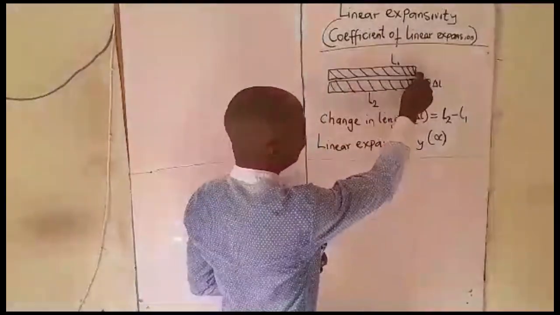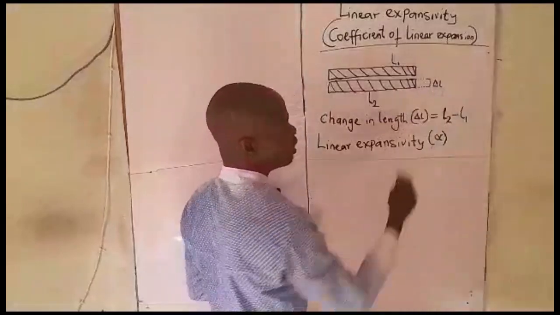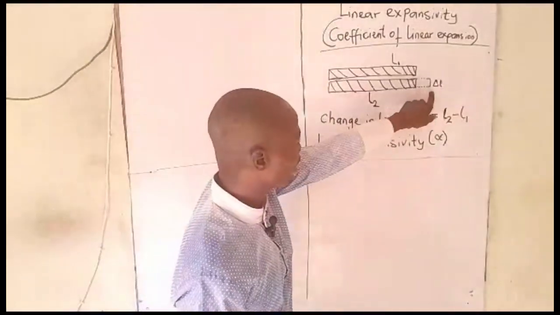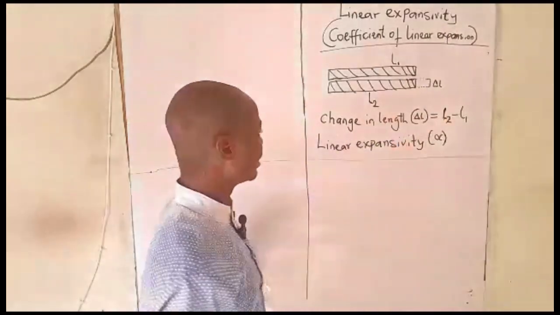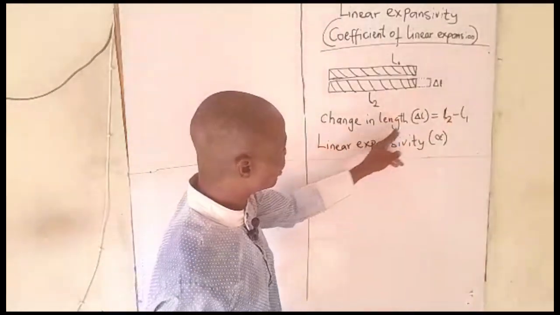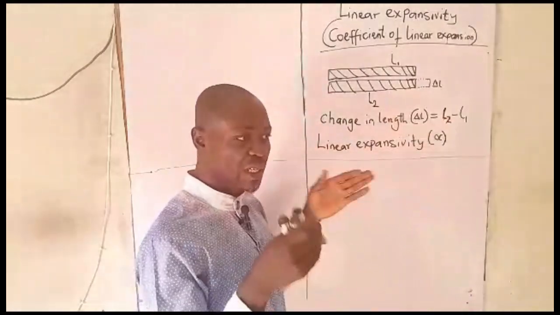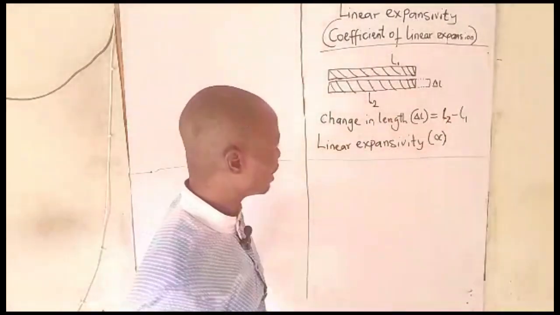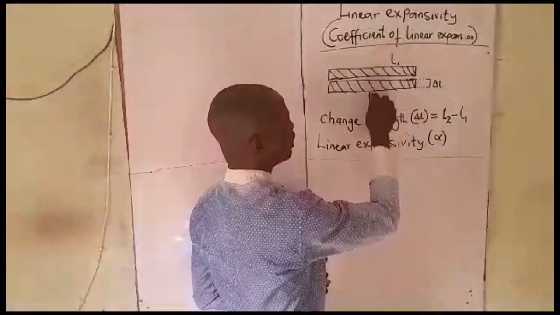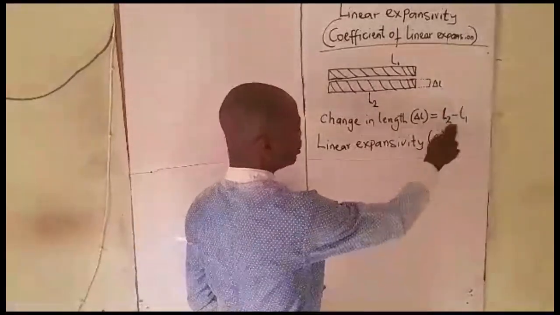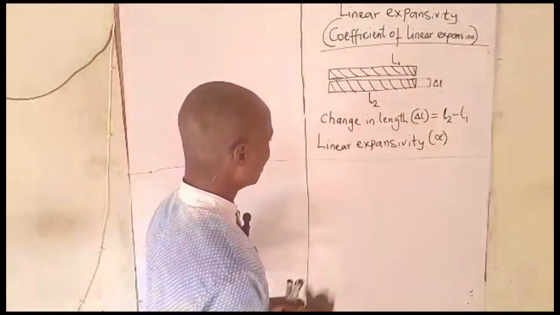So this little dotted line here is the increase in length. That means that the change in length is equal to L2 minus L1, because it increases from L1 to L2.